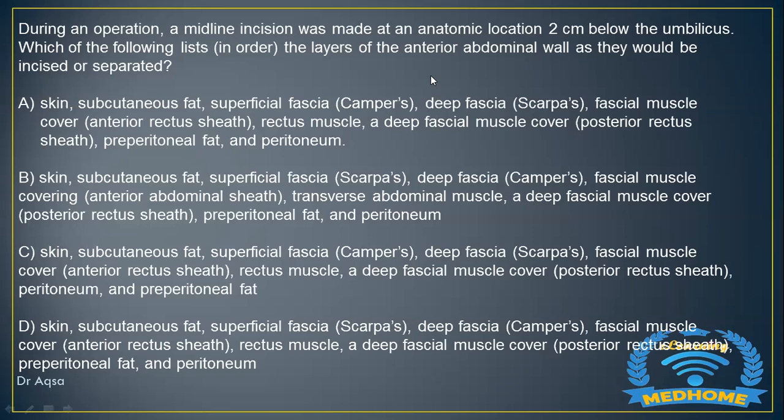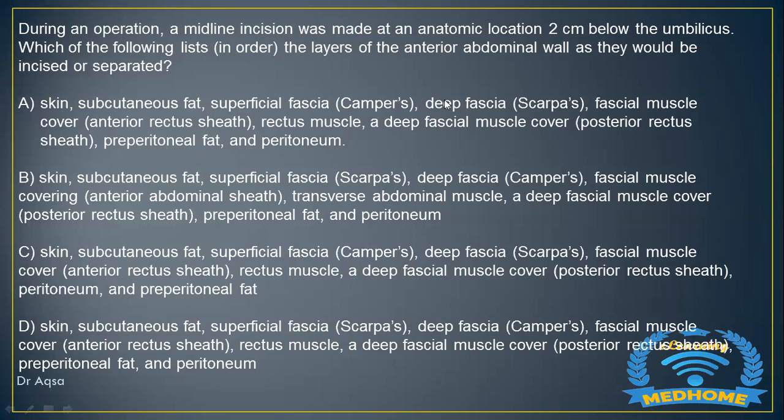Option C: skin, subcutaneous fat, superficial fascia, deep fascia, fascial muscle cover, anterior rectus sheath, rectus muscle, a deep muscle cover, peritoneum and pre-peritoneal fat. Option D: skin, subcutaneous fat, superficial fascia, deep fascia, fascial muscle cover, anterior rectus sheath, rectus muscle, deep fascial muscle cover, posterior rectus sheath, pre-peritoneal fat, and peritoneum.